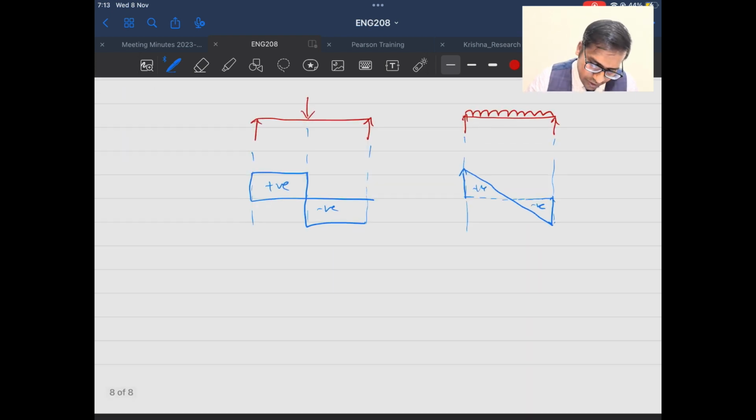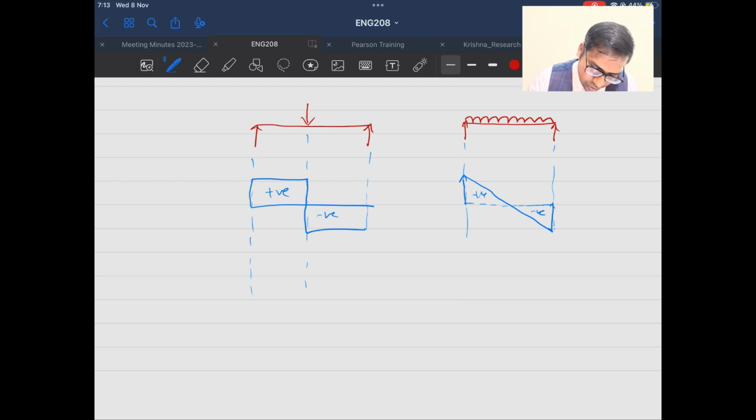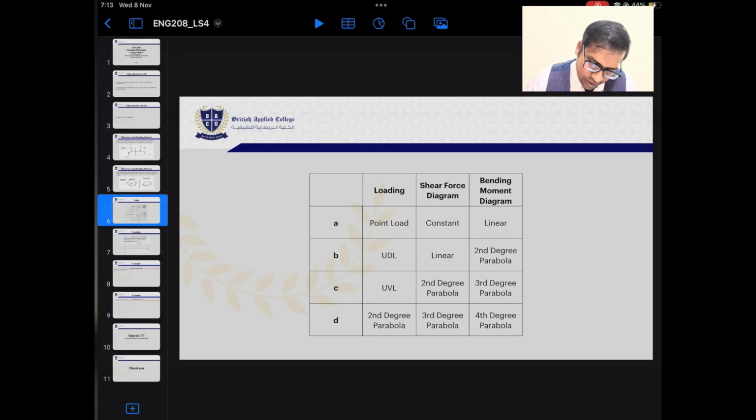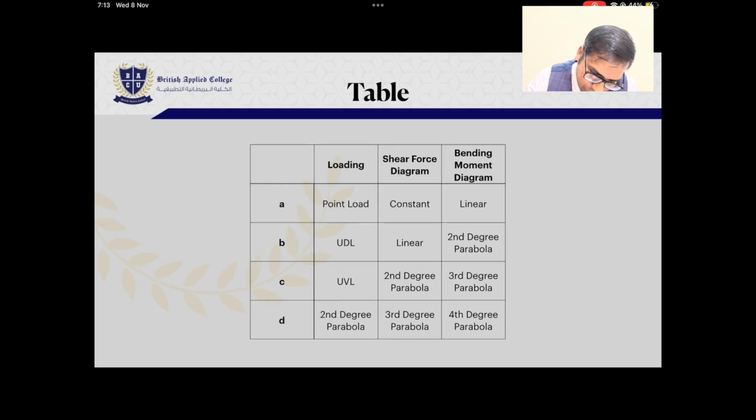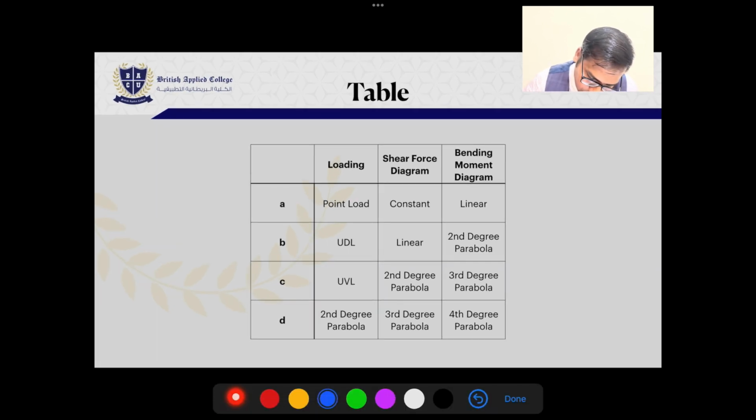If I go further to draw, if you refer to the table, you will understand this. When this is a point load, the shear force diagram should be a constant line. When it is a UDL, it should be a linear line.